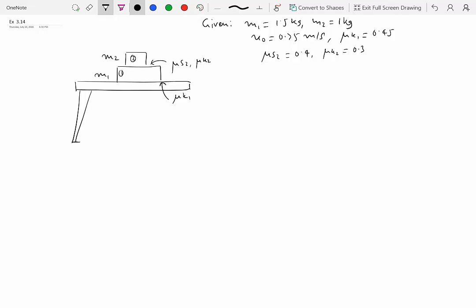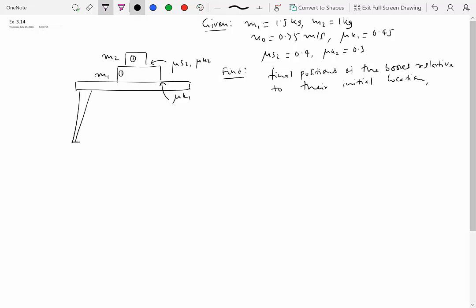Determine the book's final position. So we have to find the book's final position related to where they hit the table. So final positions of the books relative to their initial location and their position related to one another.